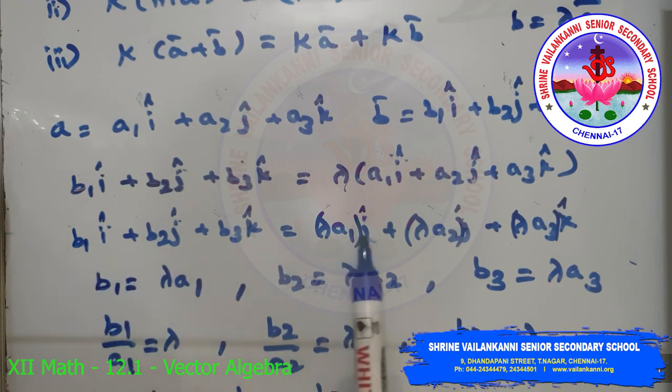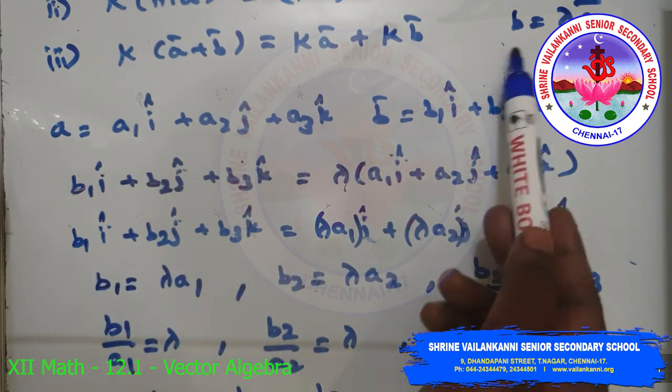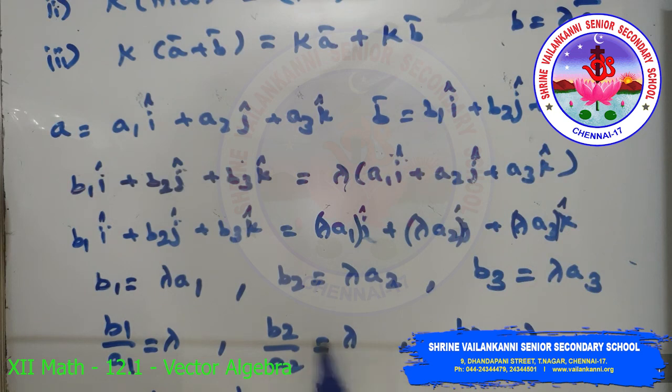Equating the coefficients of i, j and k, b1 equals lambda into a1, b2 equals lambda into a2, b3 equals lambda into a3. Then b1 by a1 is equal to lambda, b2 by a2 is equal to lambda, b3 by a3 is equal to lambda.